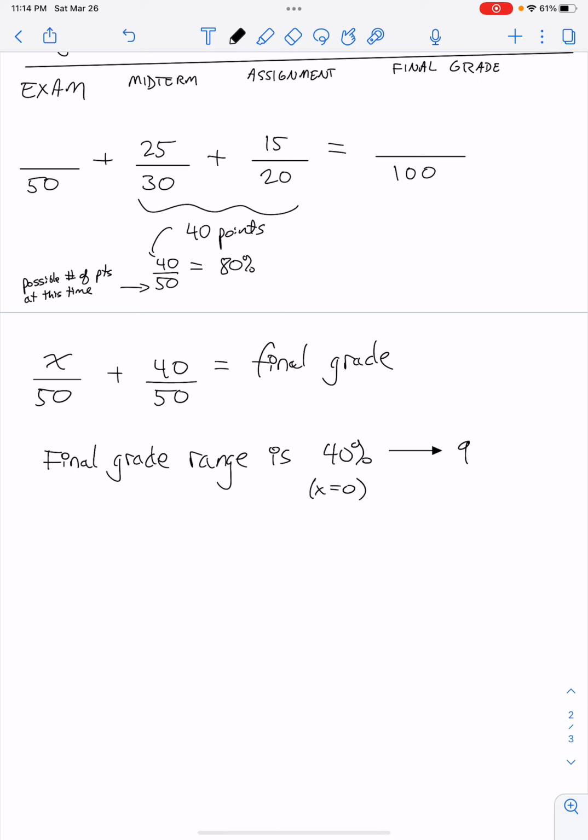And you have a maximum of 90%, because that's X is equal to 50 out of 50 on the exam. So 90% is the absolute maximum that you can get in the course if you've got 80% going into it, and half the course is the exam, half the course is other stuff.